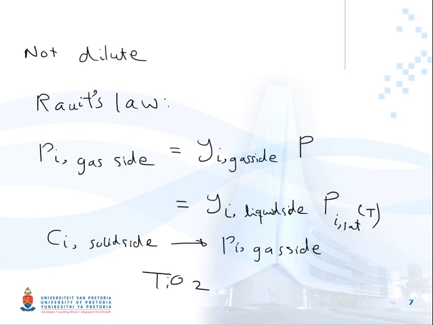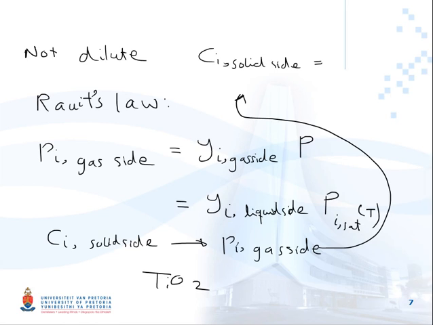If we want to write it as one correlation, Ci solid side is equal to S times Pi gas side.